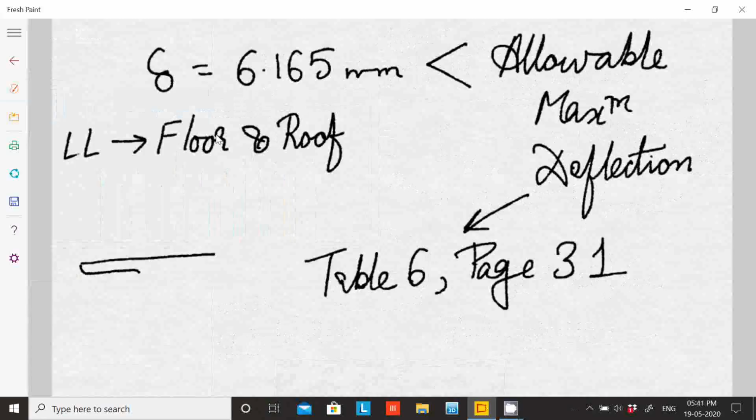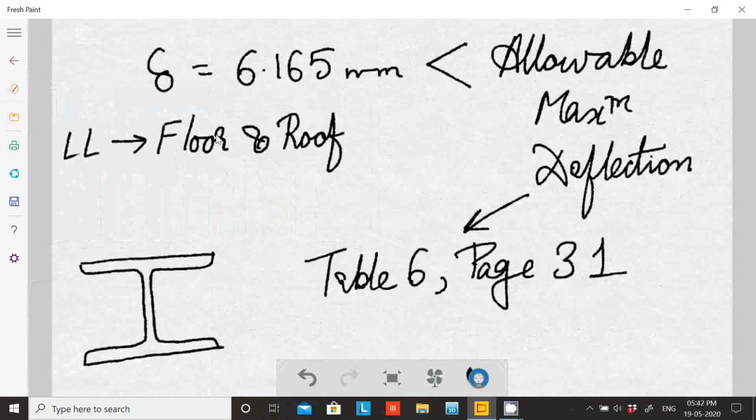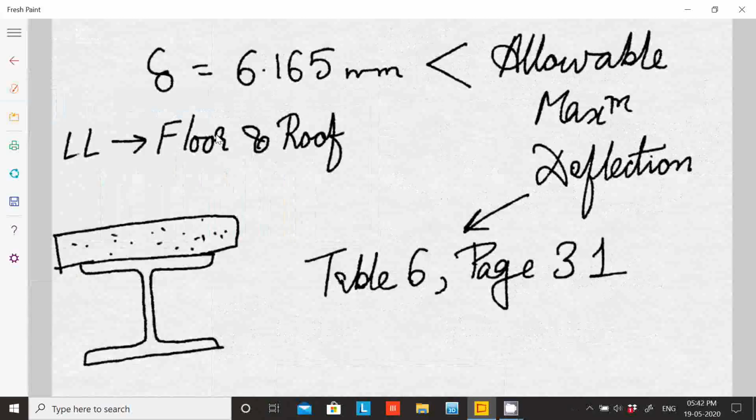Our beam is like this. Suppose you give a very heavy support at the top of the flange. It can be in the form of a slab, due to the floor or roof.